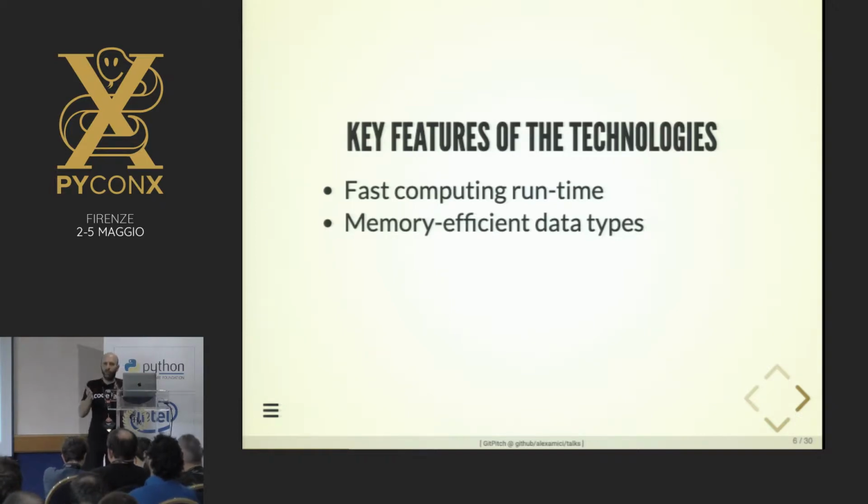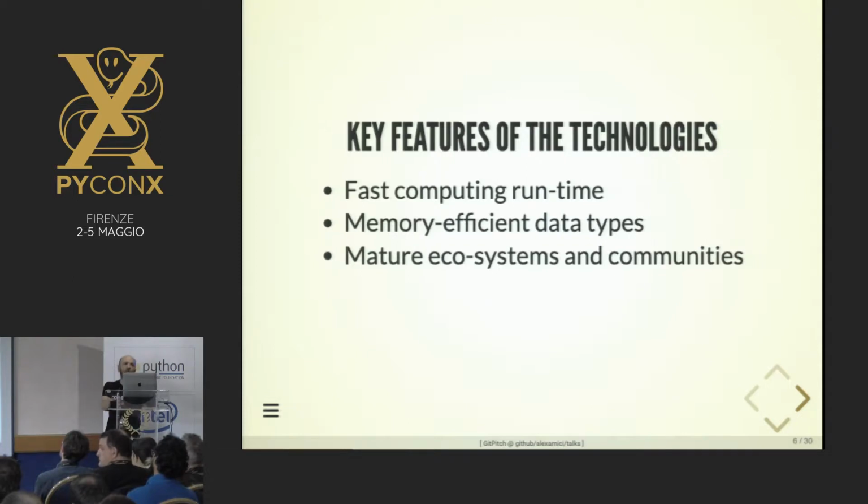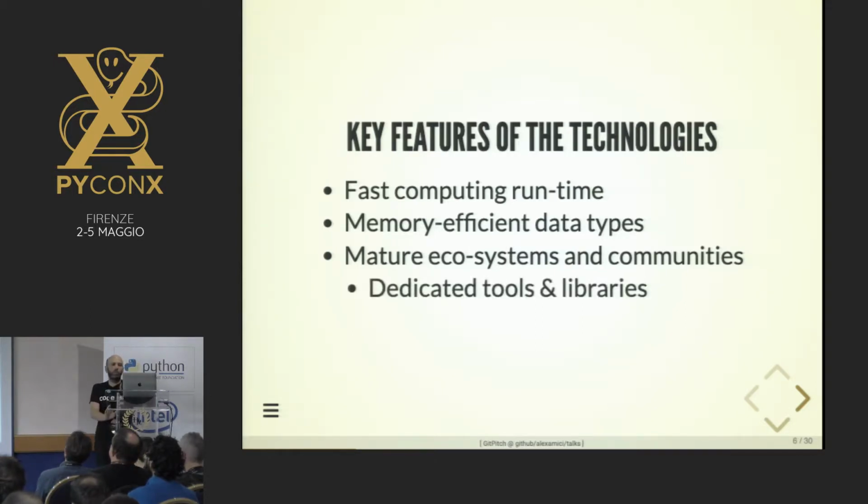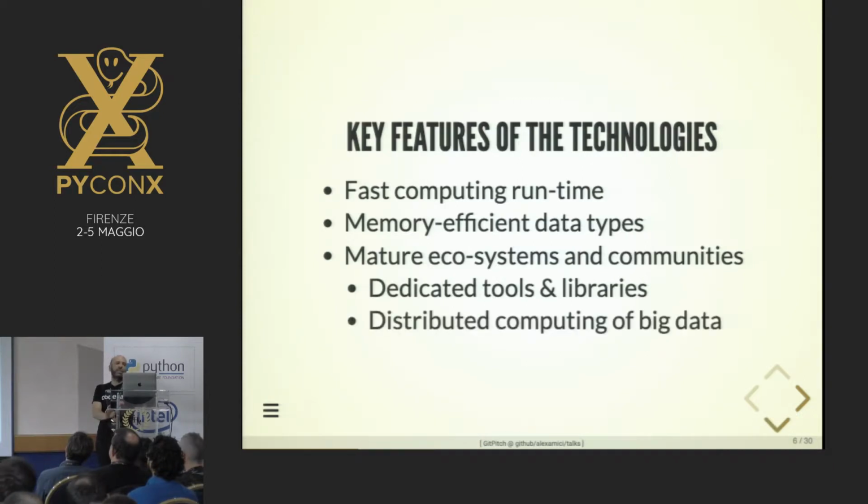If you have a more efficient data structure, you can actually use one machine and possibly one single thread instead of several. But still, it's very useful when you go to the big stuff because you need fewer machines. They also have, and this is the reason they thrive, mature ecosystems and communities. In particular, a lot of dedicated libraries and tools specific to distributed computing of big data, like MPI and Hadoop and Spark.